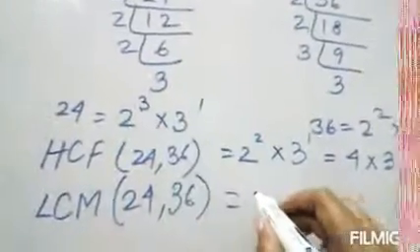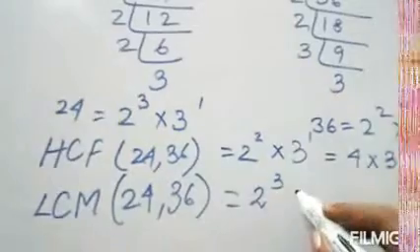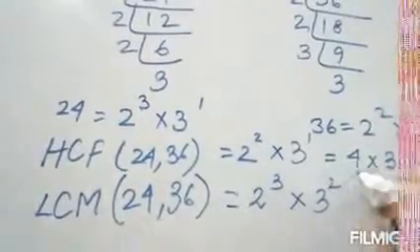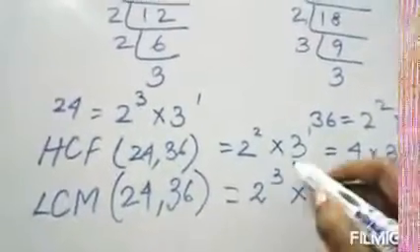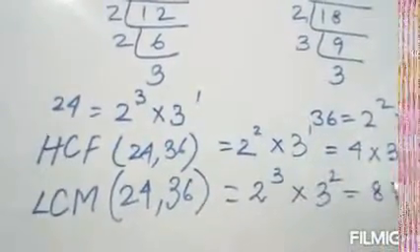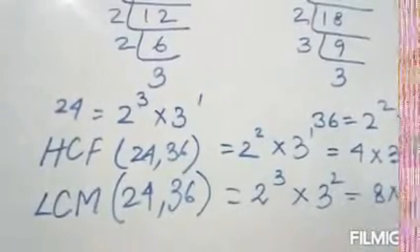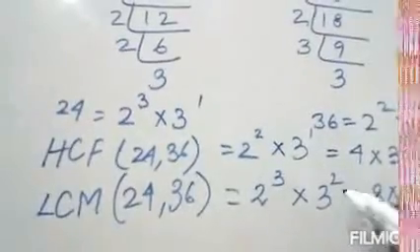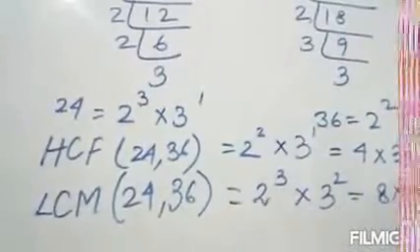Like here we have 2 to the power 3, and here we have 3 to the power 2. 2 to the power 3 means 8, and 3 to the power 2 means 9. 8 9s are 72.